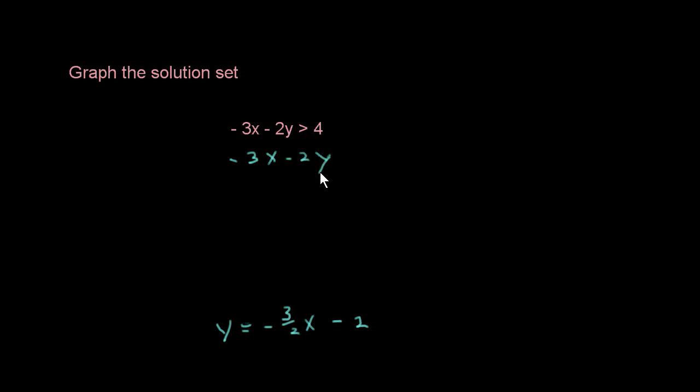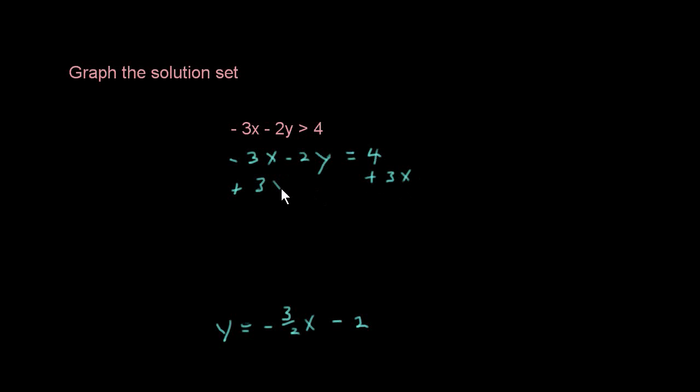Subtract 2y, and we're going to temporarily put an equals 4 in there. And we want to solve for y. To put it in slope-intercept form, we want the y all by itself on one side. So we'll need to add 3x to both sides of our equal sign here. So we'll add 3x on this side and 3x on the right side.